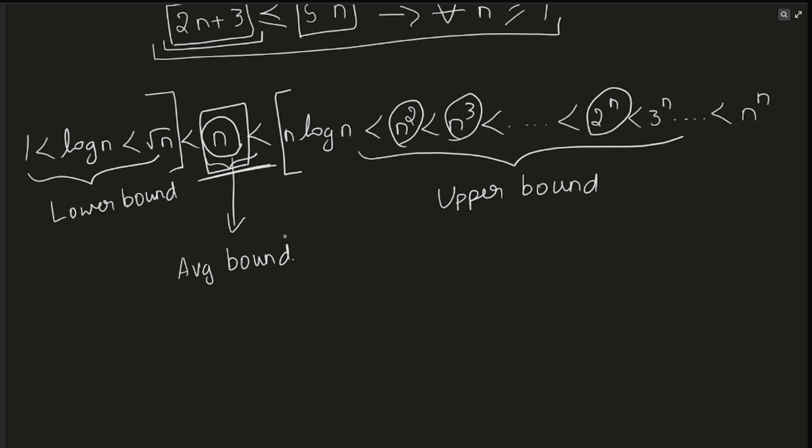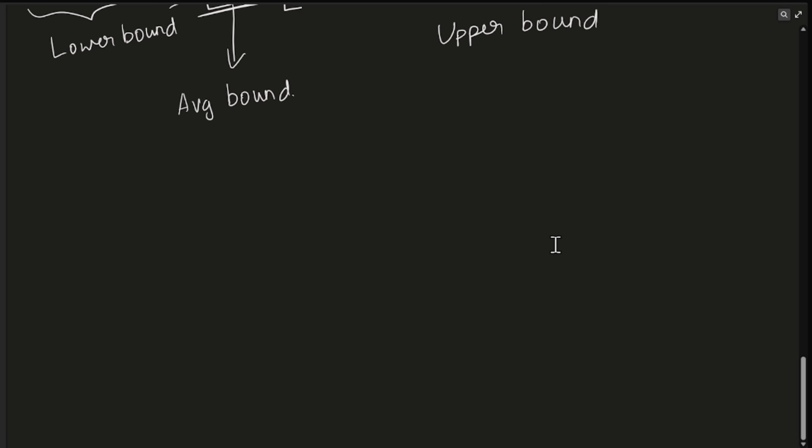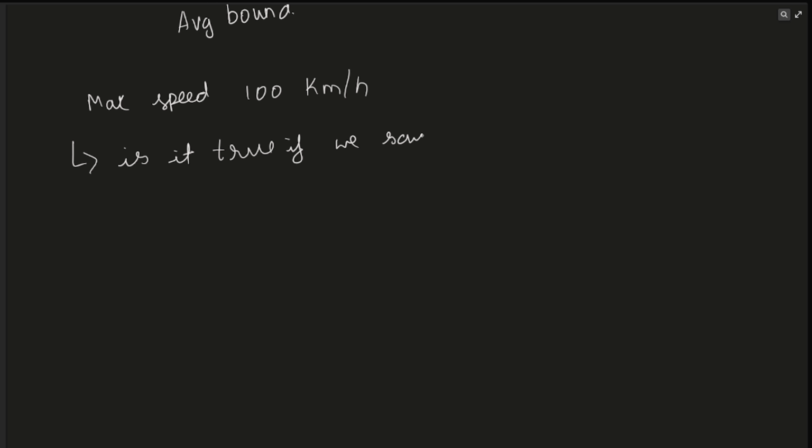Let us understand this big O notation using a real world scenario. Imagine your car's max speed is 100 km per hour. Can we say it is true if we say the car speed is less than or equal to 200 km per hour? Yes, this is true.